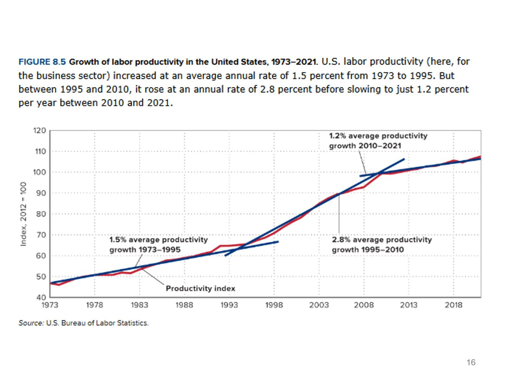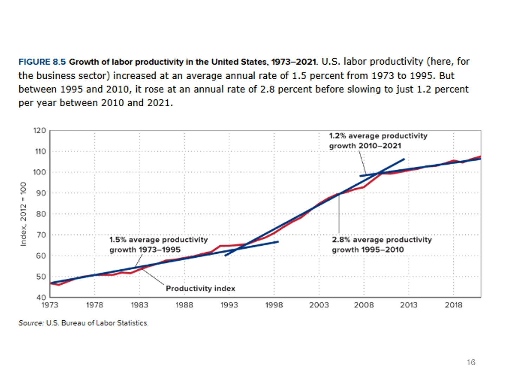First, from 1973 through 1995, the United States experienced a 1.5% average productivity growth in terms of labor productivity. From 2010 through today, that average productivity growth rate annually is approximately 1.2%. However, between 1995 and 2010, that average productivity growth was 2.8%.